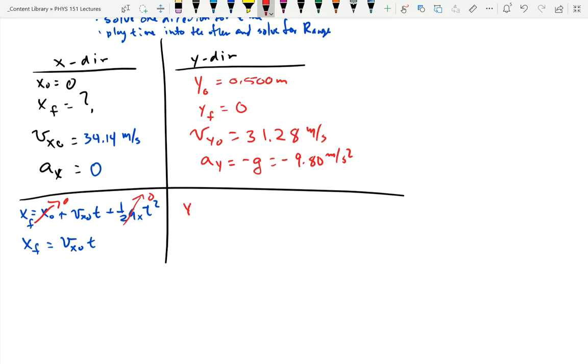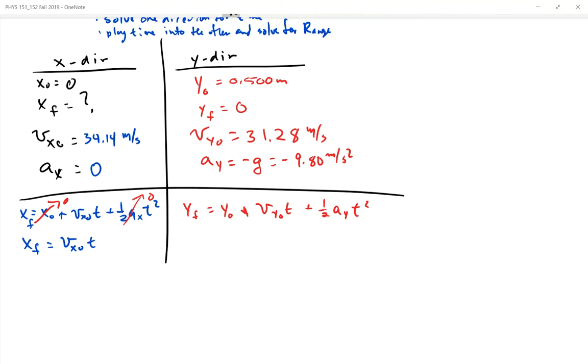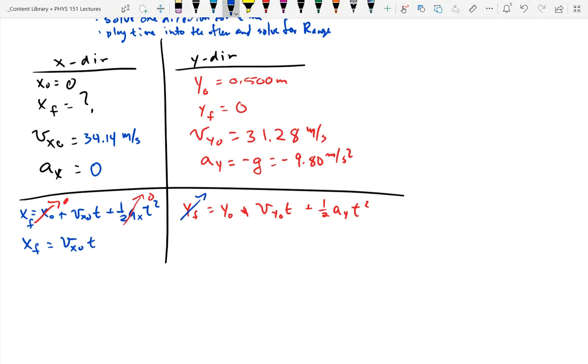And so doing this in the y direction, I put in my zeros because you know I like to. y final is 0. And that's it. Huzzah! What kind of equation do I have? I have the quadratic.